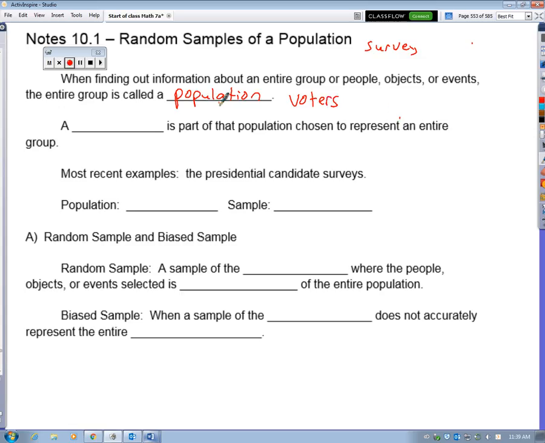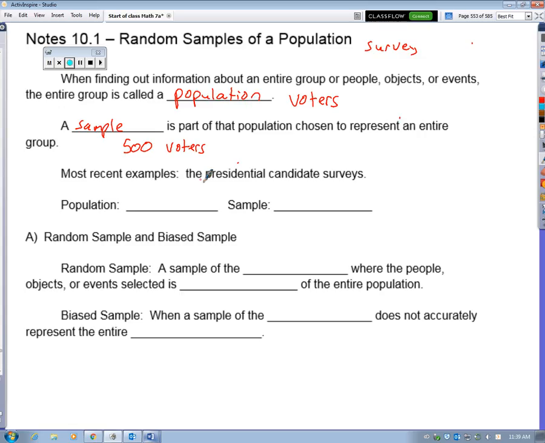Then out of the population, we have something called a sample. A sample is part of the population chosen to represent the entire group. Obviously, companies that run a survey can't ask all the voters in America who they're going to choose, so they might select maybe 500 voters to ask who they would vote for, and they would use that to try and figure out what the population is going to do, what everyone is going to do.